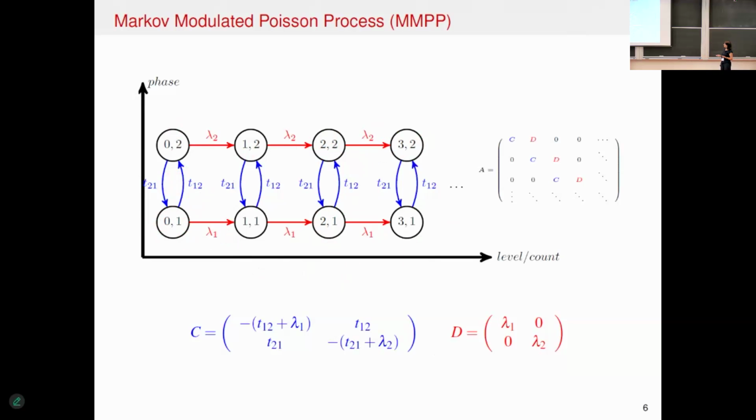Looking at matrices C and D in this case, we can see that because we don't have transitions from here to here or from here to here, the matrix D is actually a diagonal matrix, showing just the rates of the Poisson process that we have for phase 1 or phase 2.